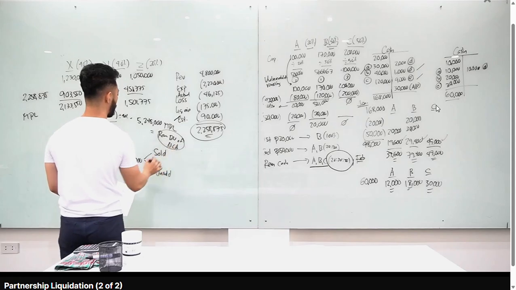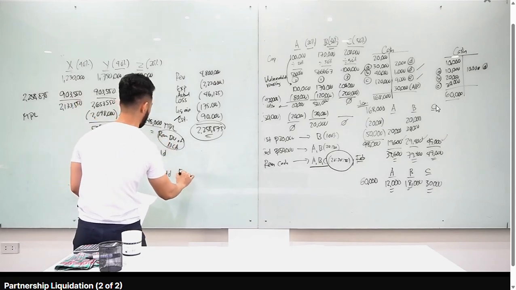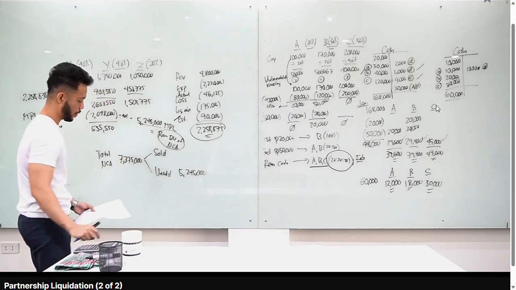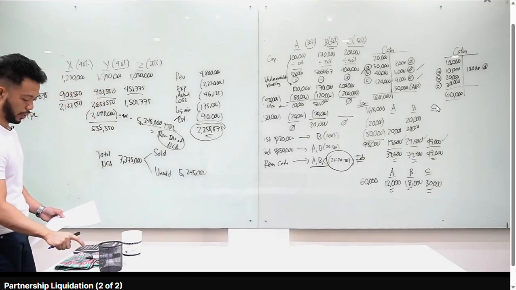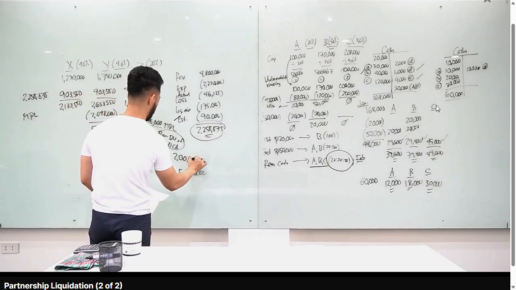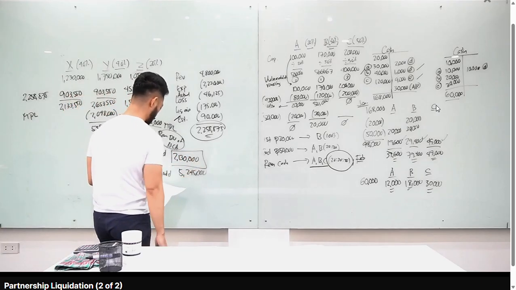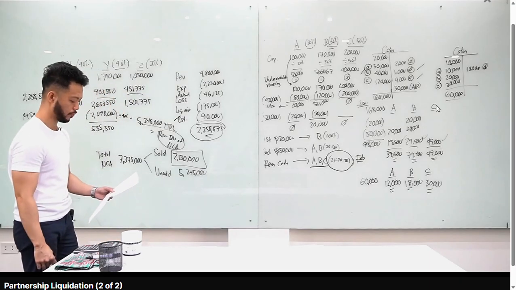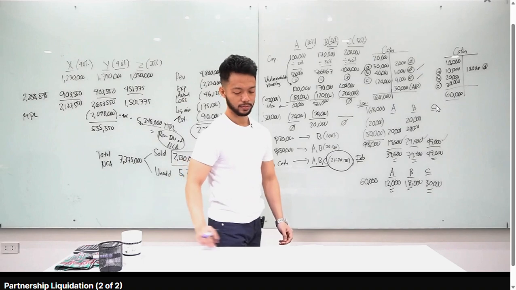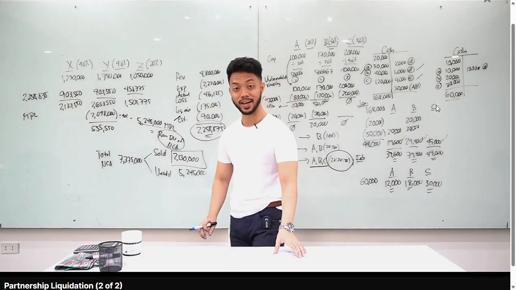Ito, yung remaining book value of non-cash assets na 5,245,000. Since ito yung total, ito yung unsold, yung difference sila, 7,375,000 minus 5,245,000, 2,130,000. Ito yung sold, ito yung nabenta mo. Okay? What is the book value of the non-cash assets which were sold for Y to receive 555,550? Answer, 2,130,000.